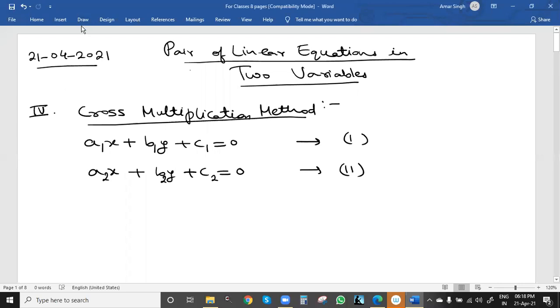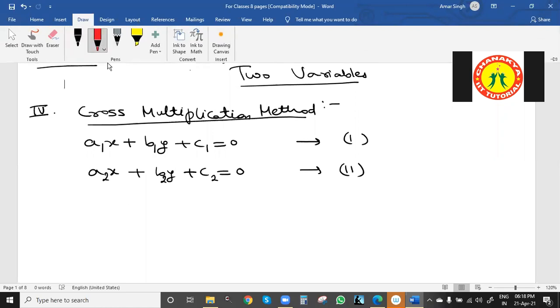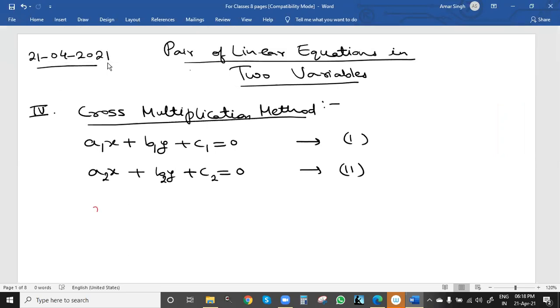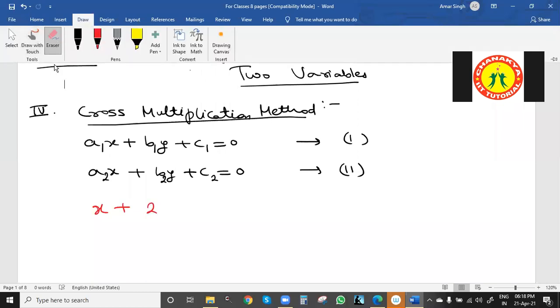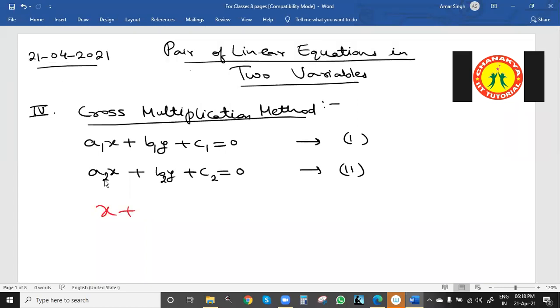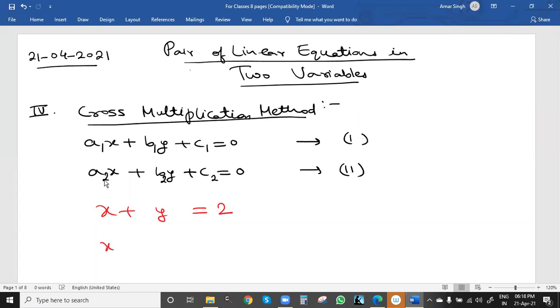Some students may ask how we can write it. Our equations were x plus y equal to 2, and the second one was x minus y equal to 4.